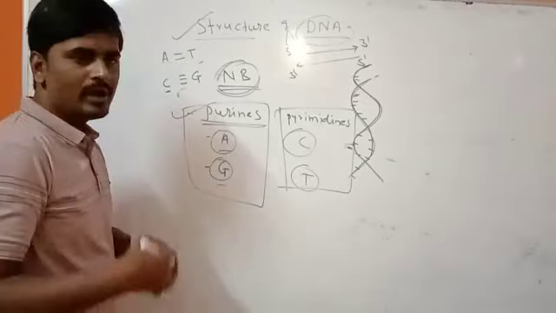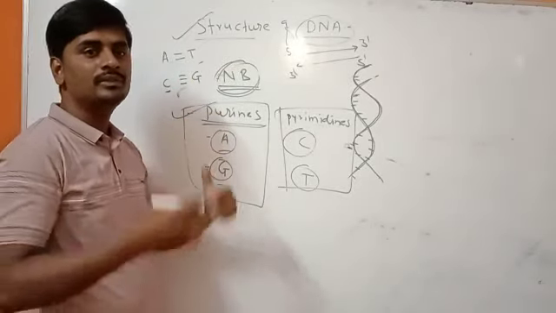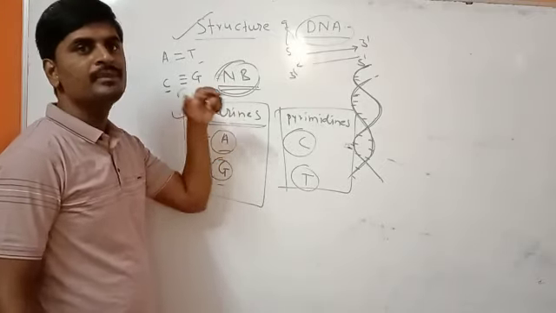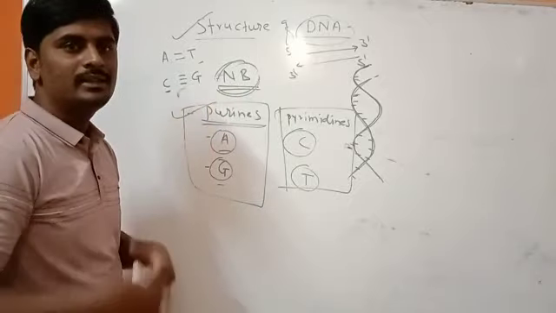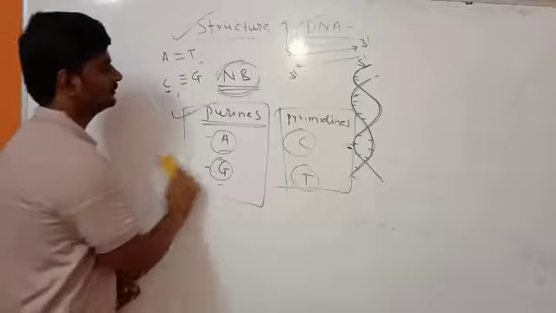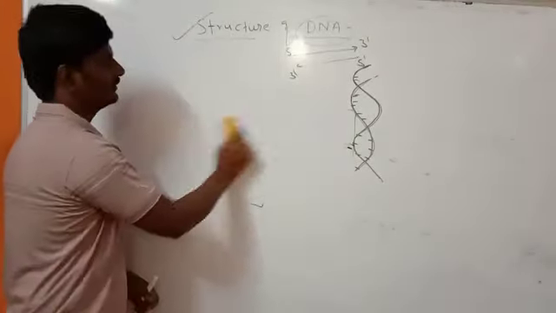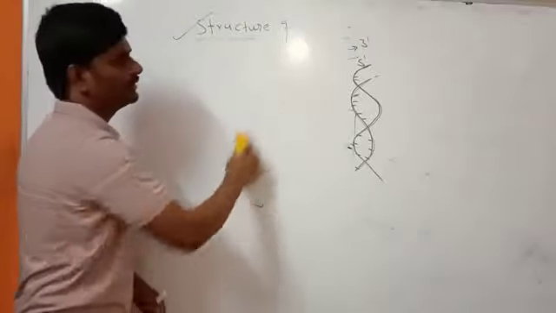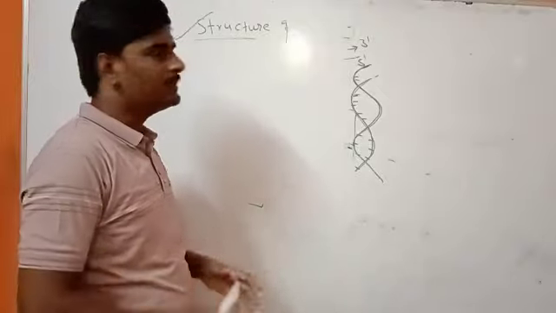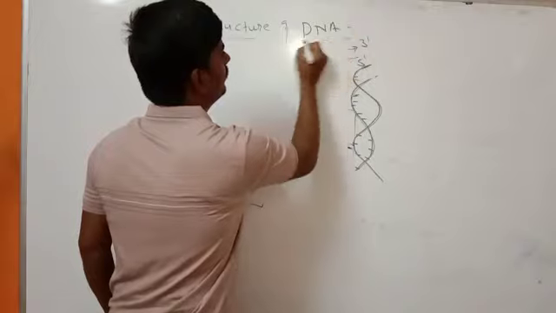So what we discussed is that the structure of DNA is made up of three basic components. One is the nitrogen bases, while the second one is sugar. All of you know which sugar is present in the structure of DNA.